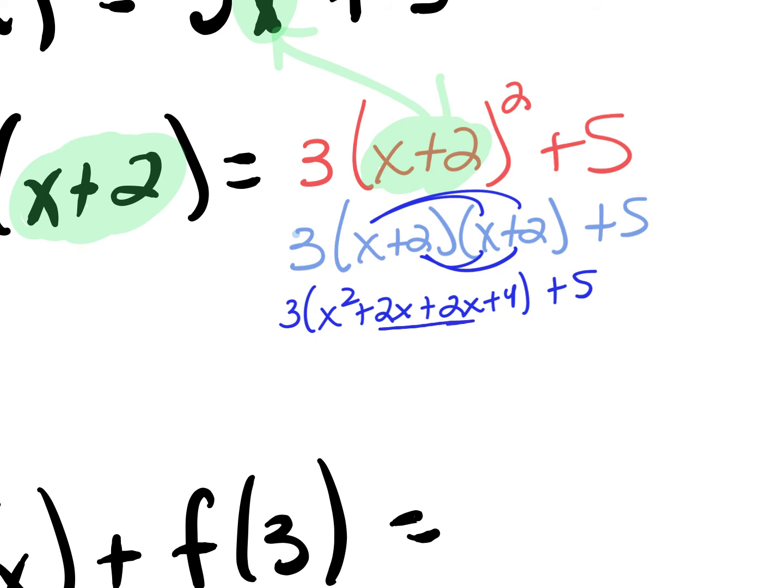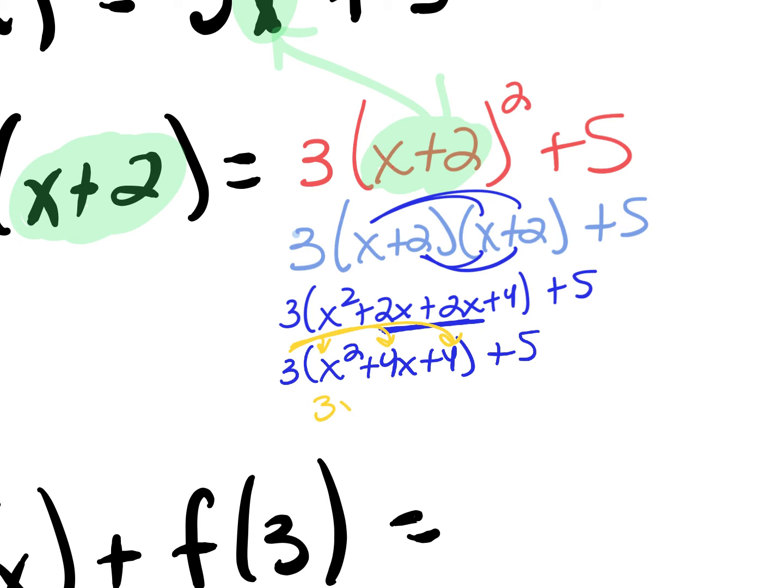So if you guys notice right here, we can combine like terms. So you still have your 3 multiplied on the outside. x squared plus 4x plus 4. And this plus 5 stays hanging out over there. Don't add the 5 yet. That's the last thing we do. So now we're going to say, okay, let's take this 3 and distribute it. We're going to multiply everything by 3.